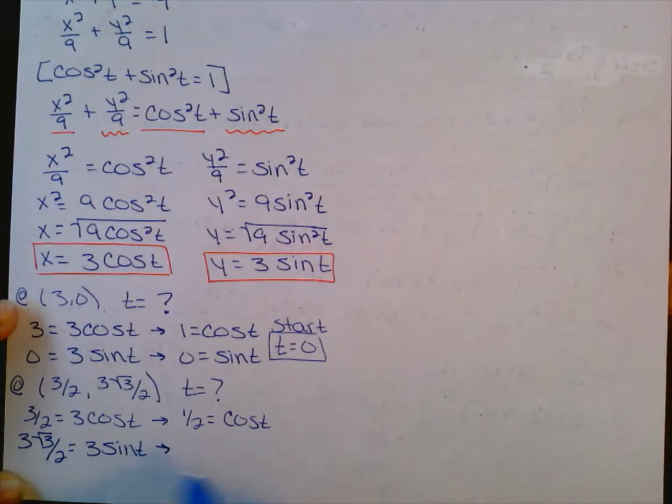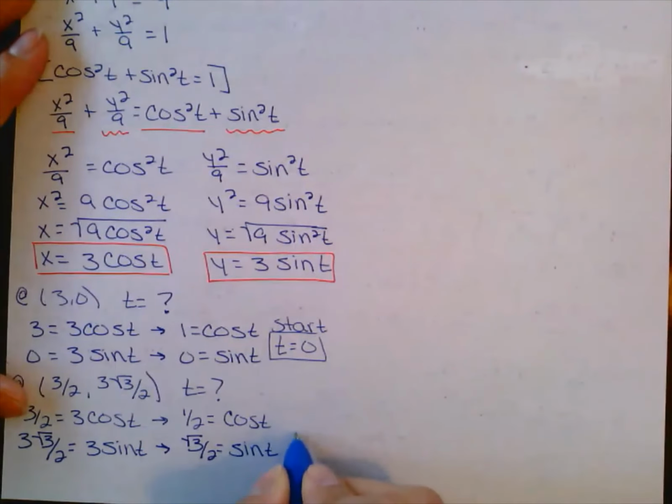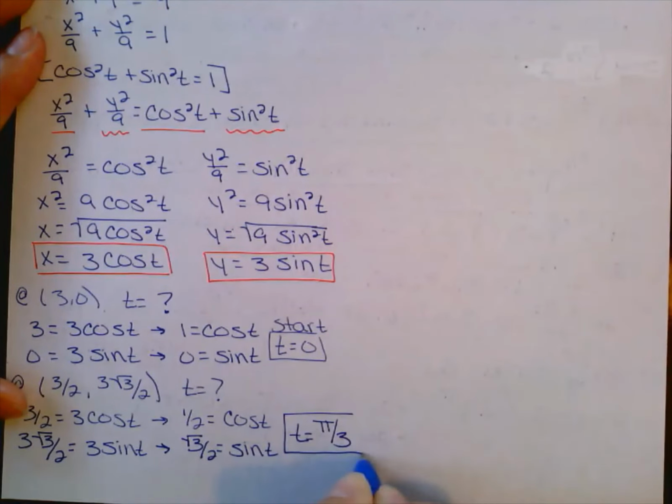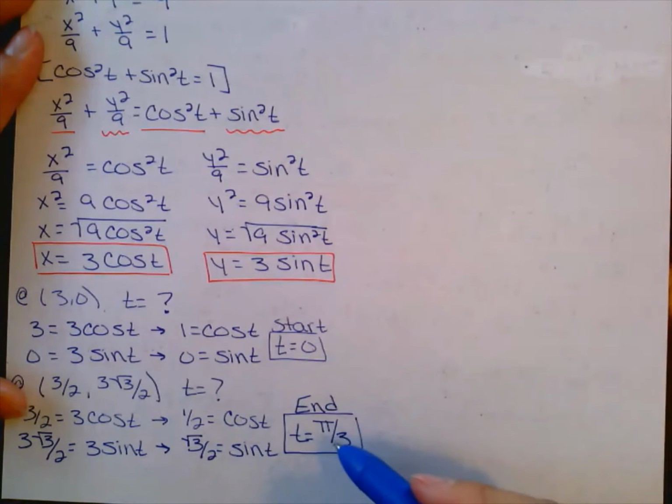Divide that 3 over, and I'm going to end up with square root of 3 over 2 equals sine. So now the question is, where in my unit circle does cosine equal half and sine equal radical 3 over 2? Well, that happens at pi over 3. And that's going to be my endpoint. So here is my a to b.